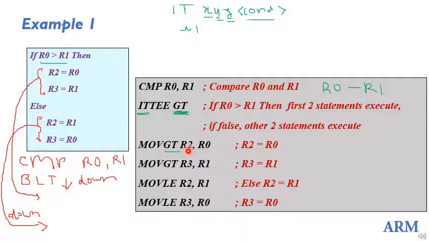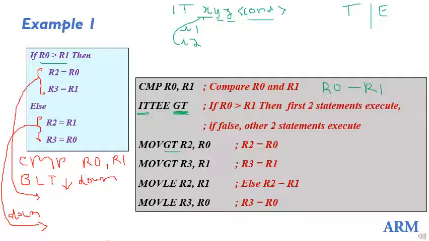Now this is instruction 1. The second instruction corresponds to X. I have also mentioned while discussing the syntax, X, Y, Z corresponds to T or E. T stands for then and E stands for else.